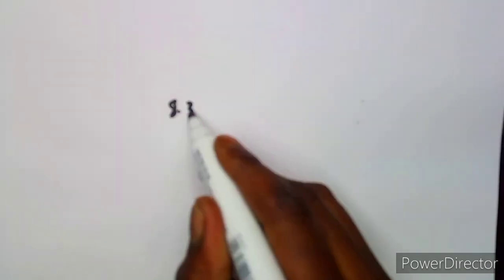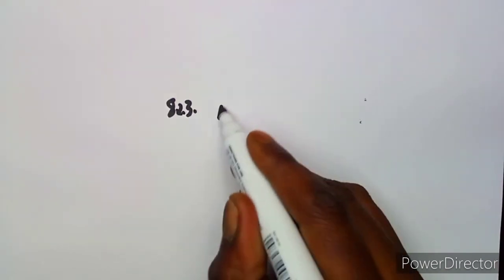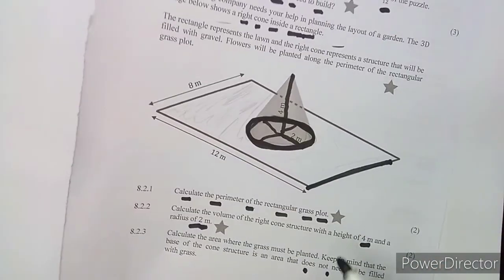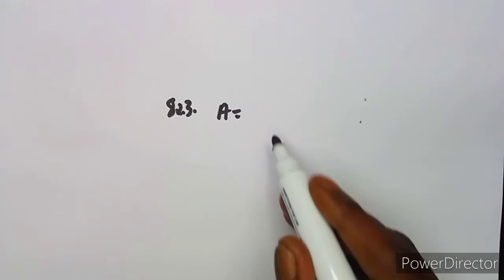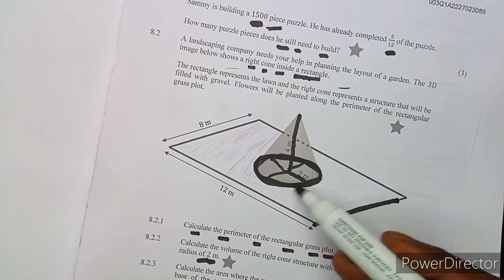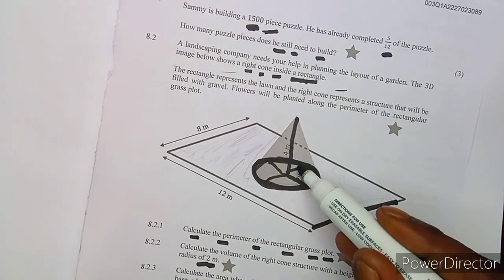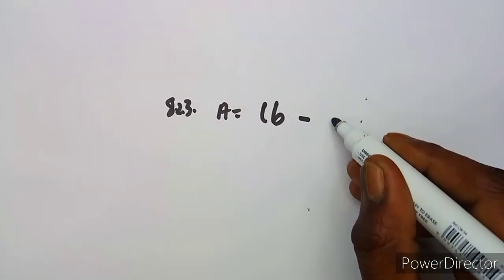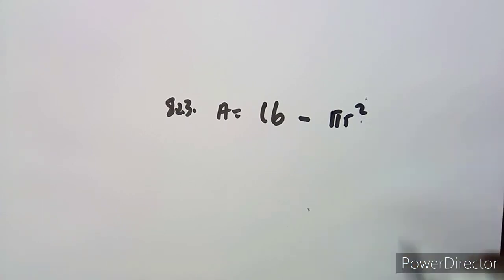All right, so our area to be planted is the area of a rectangle, which is length times breadth, minus the area of a circle, which is to be removed, which is pi r squared.